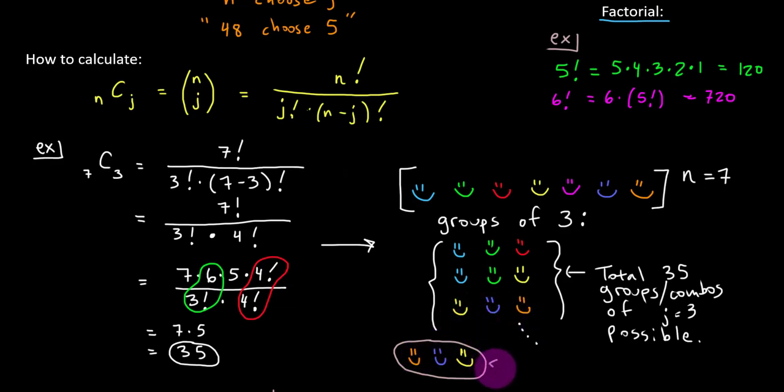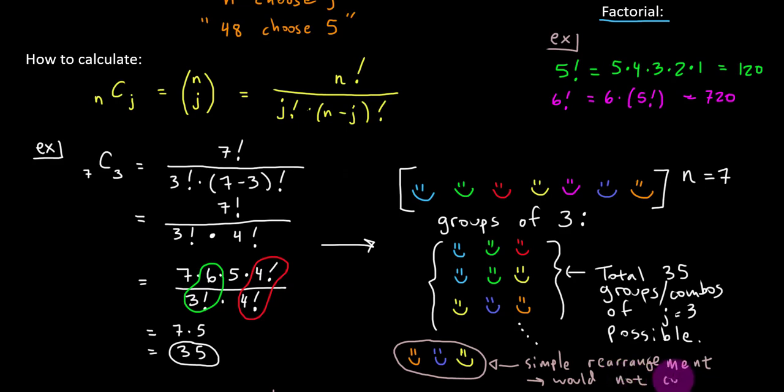So this is not a new combination, right? This could not be a combination if this one on top already is, because a combination is without regard to order. This is a simple rearrangement of an existing combination and therefore would not count.